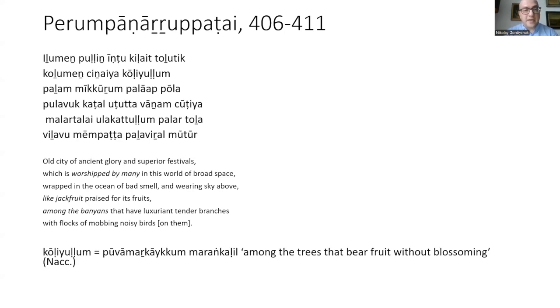It is worshipped by many in this world of broad space, wrapped in the ocean of that smell, and also wearing the sky above, probably as a garland or chaplet. And it is compared to a jackfruit, praised for its fruits, like a jackfruit among the koli trees that have luxuriant tender branches with flocks of noisy birds on them.